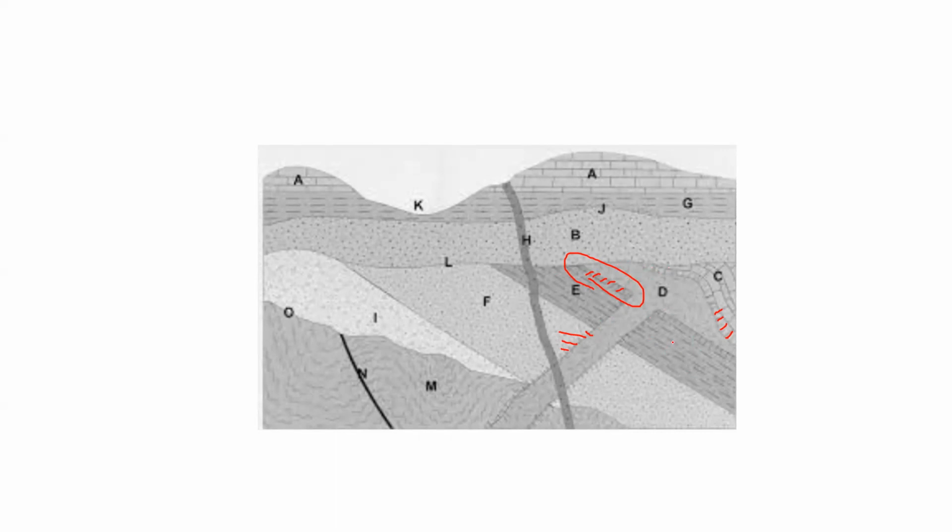So remember, thermal or contact metamorphism is whenever rock is metamorphosed due to being exposed to the large amounts of heat that are associated with molten rock intruding into or near an existing rock. So these hash marks suggest that rock unit D has thermally metamorphosed rock units F, E, and C. All right, and so rock unit D is an igneous rock unit.